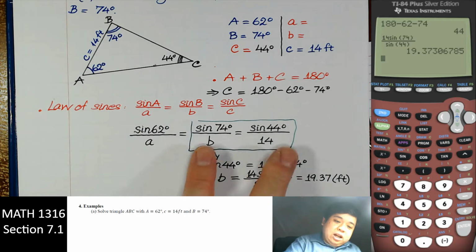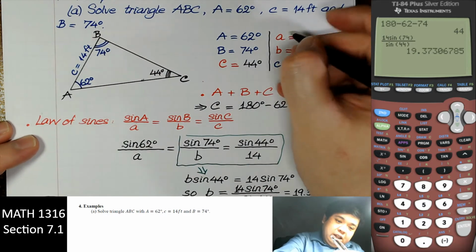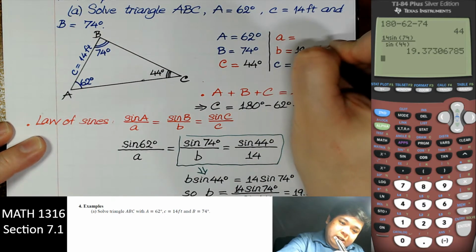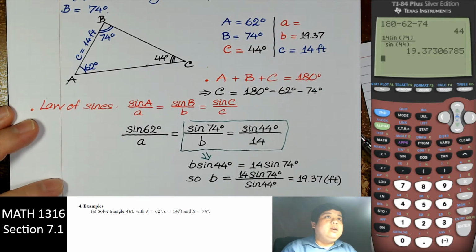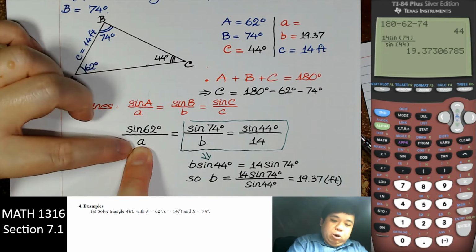So we take these two ratios. We found little b, 19.37. And then the remaining is a.